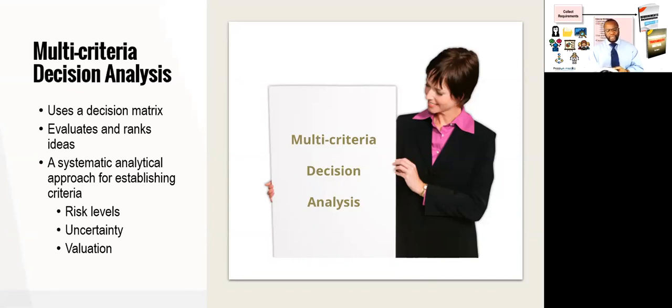So before we go any further, let's open up our PMP guide and talk about voting. Under collect requirements. Can anyone chat in the page number if you find it, please? Anyone found voting under collect requirements?